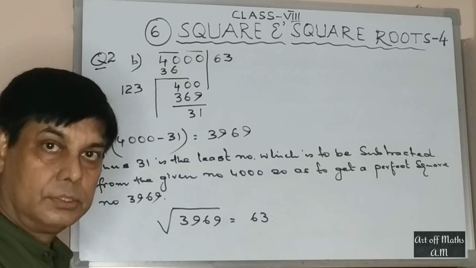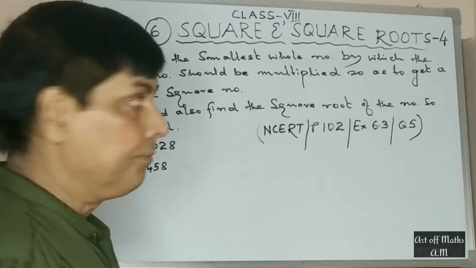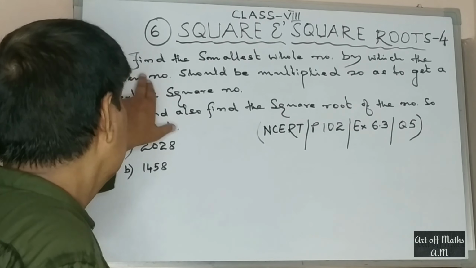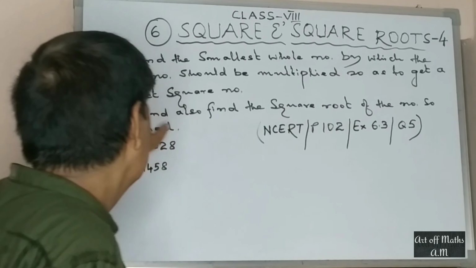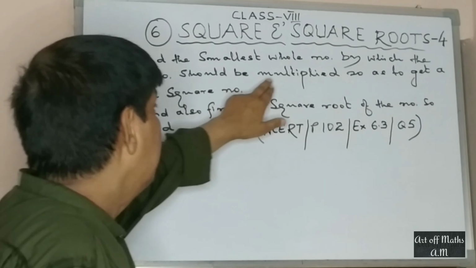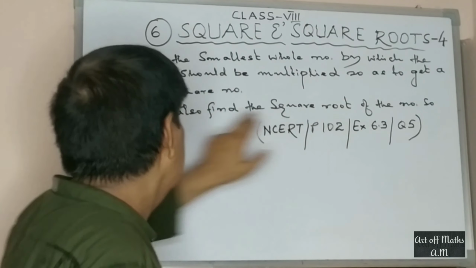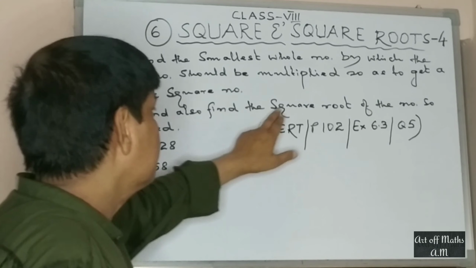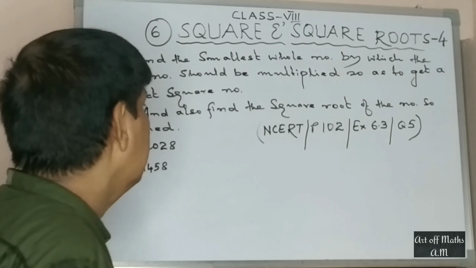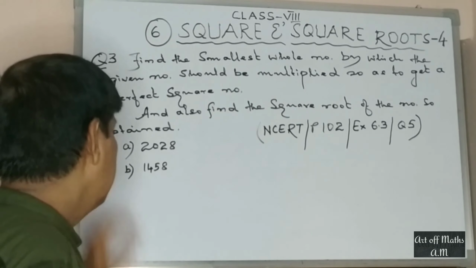Coming to question 3. Third question. Find the smallest whole number by which the given number should be multiplied so as to get a perfect square number, and also find the square root of the number so obtained. Now these are the numbers.